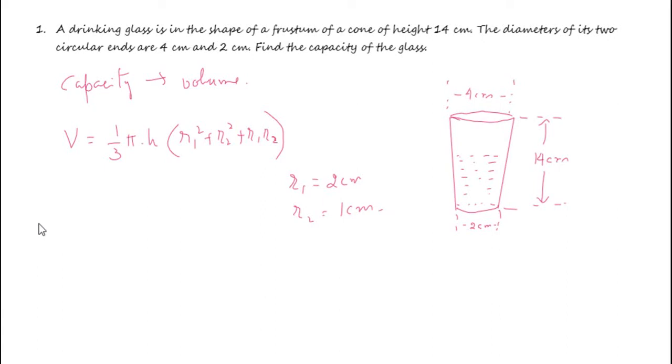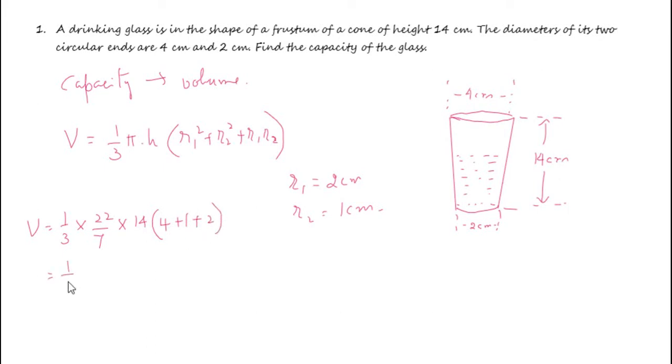Now with that, let us calculate the volume. V equals 1 by 3 into pi. Pi is 22 divided by 7, into h, h is 14, into R1 square, that is 2 square, plus R2 square, that is 1, plus R1 into R2, 2 into 1, that is 2.